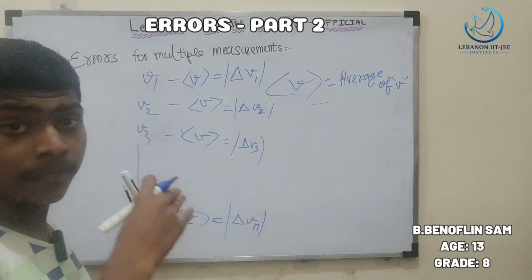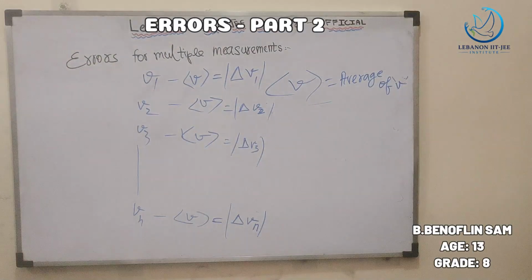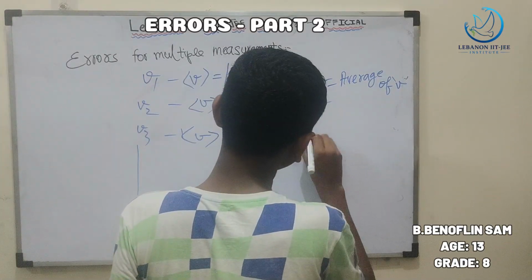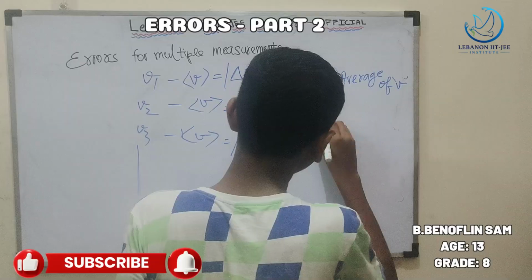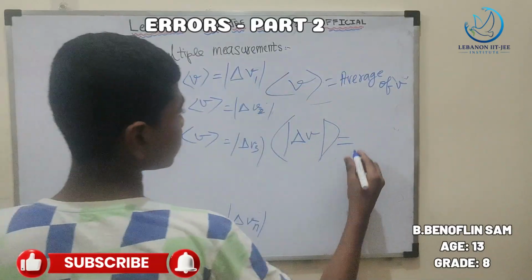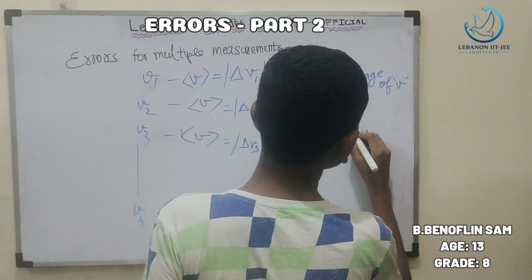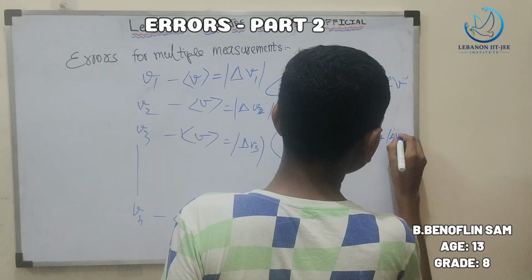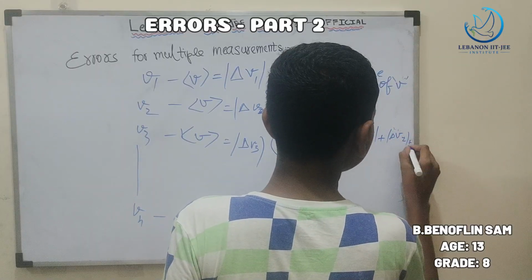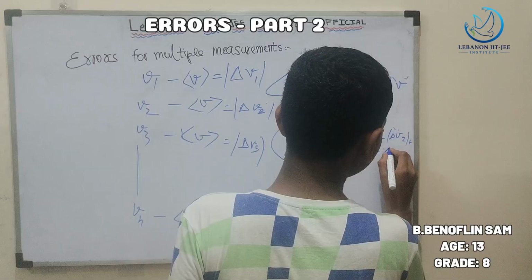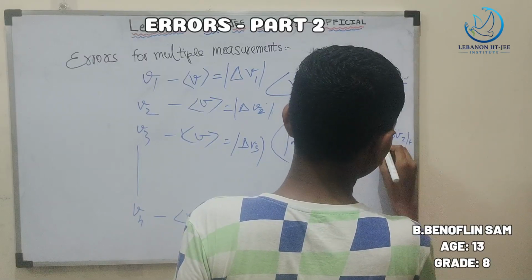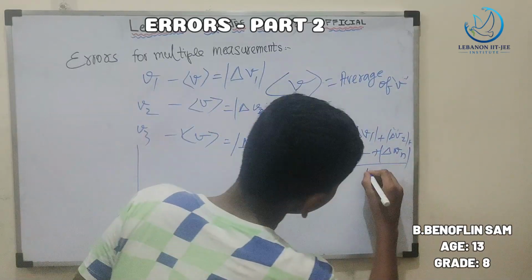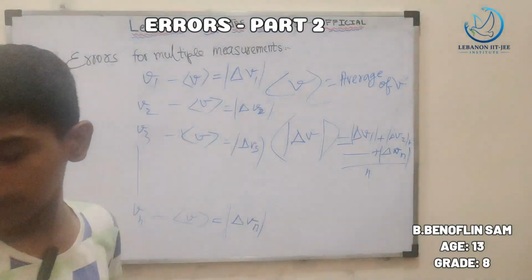You have calculated this, but what can we do? You have to do the same: add delta V1 plus delta V2 and so on up to delta Vn, don't forget the modulo, divided by n. This is very important.